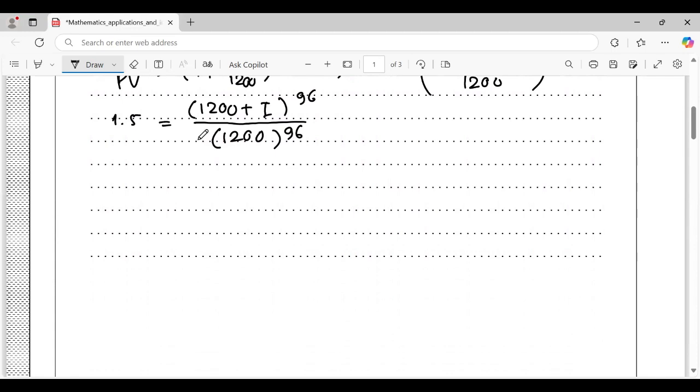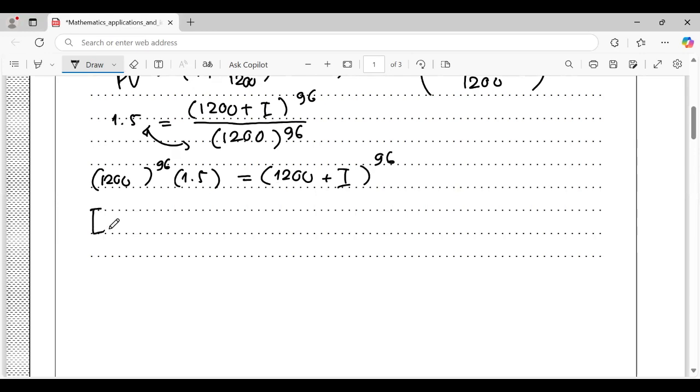So it's going to be multiply this: 1200 power 96 times 1.5 equals (1200 plus I) power 96.